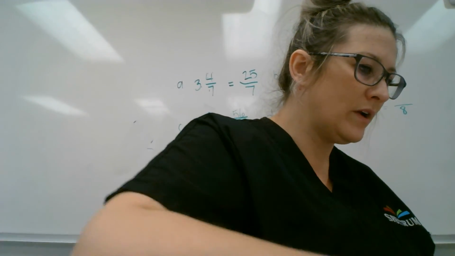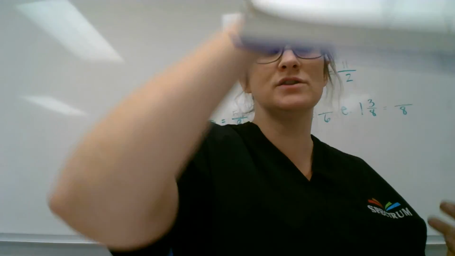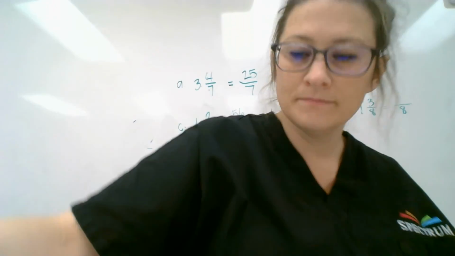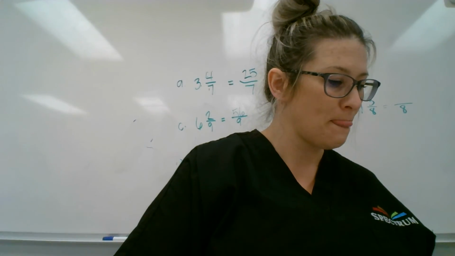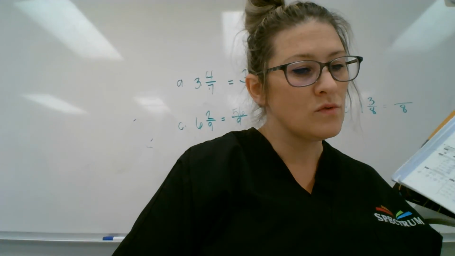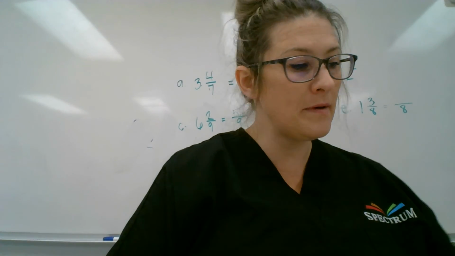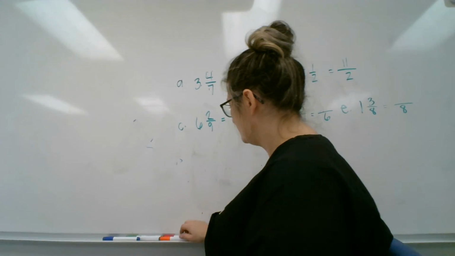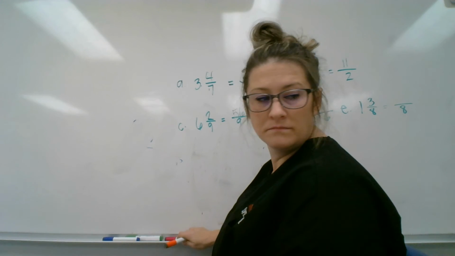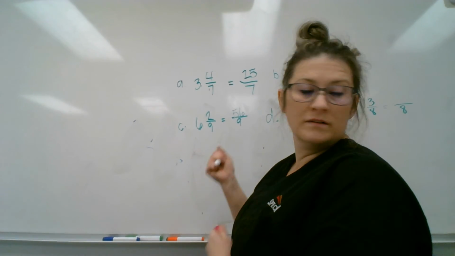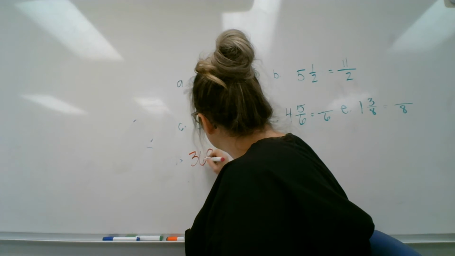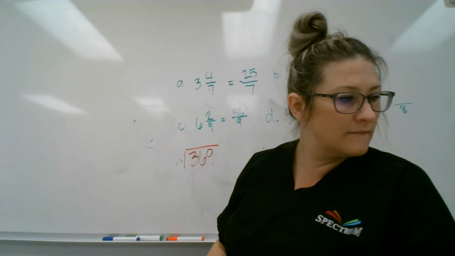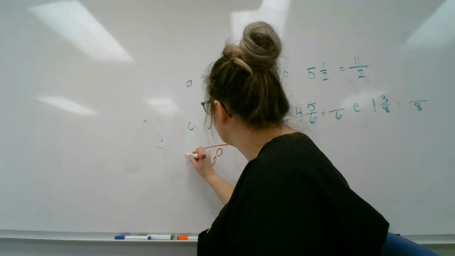All right, we are going to go ahead and jump back into our workbook. Find part 2 in your workbook. Part 2, work each problem. Problem A. 369 divided by 3.